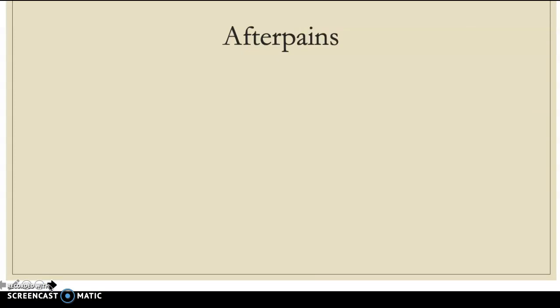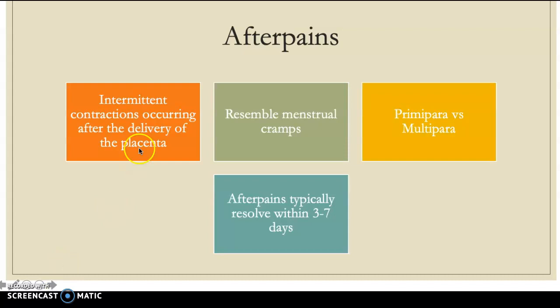So those contractions after delivery are called after pains. And they're intermittent contractions. They resemble menstrual cramps. And when a mom has only had one baby, her uterus is pretty well contracted, and so she will feel less after pains.